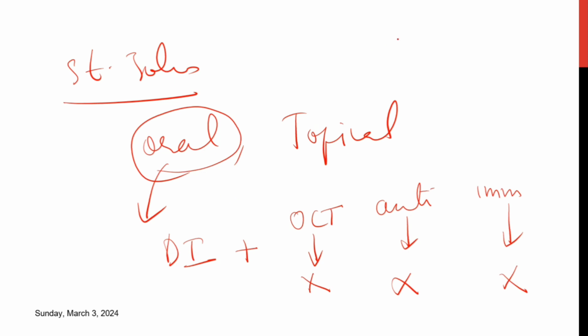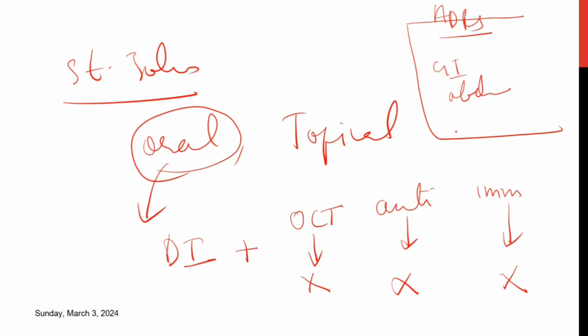Remember these points. And along with these drug interactions, St. John's wort has some adverse effects. It can cause GI irritation, abdominal pain, allergic reactions, and bleeding. Okay, so all these are adverse effects with St. John's wort.